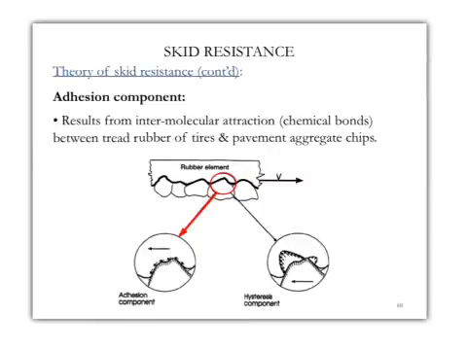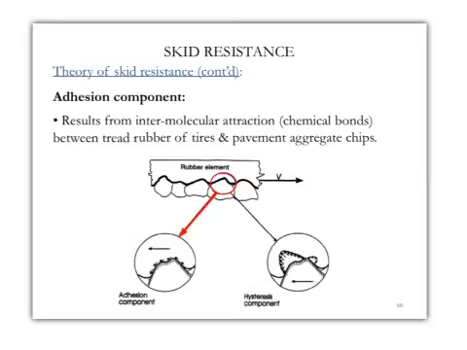So the question now is, what is the adhesion component all about? The adhesion component really results from the intermolecular attractions, which is more or less chemical bonds between the tread rubber of the tires and the aggregate chips. So speaking of the adhesion component, this is the phenomenon versus the hysteretic or hysteresis component, which we're going to talk about later on.